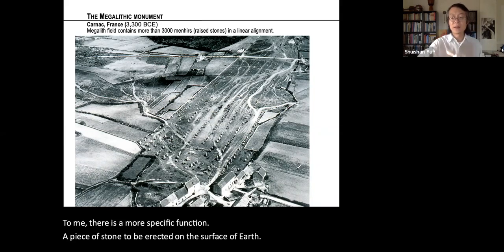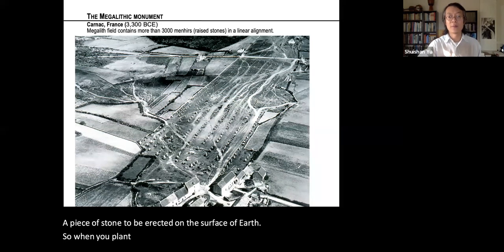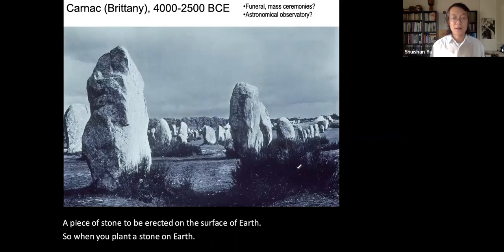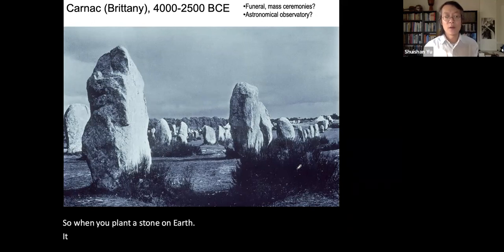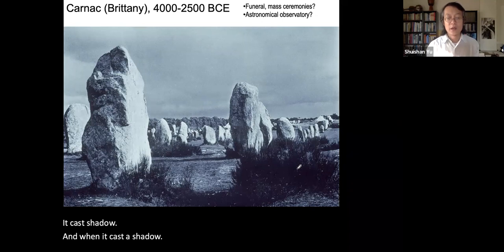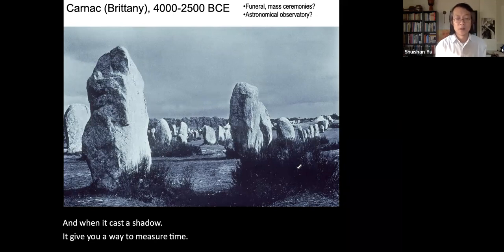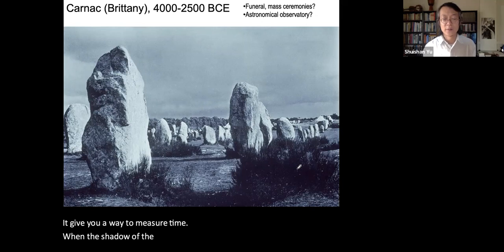So when you plant a stone on Earth, it casts a shadow. And when it casts a shadow, it gives you a way to measure time. When the shadow of the stone is the shortest under sunlight, we call it noon.